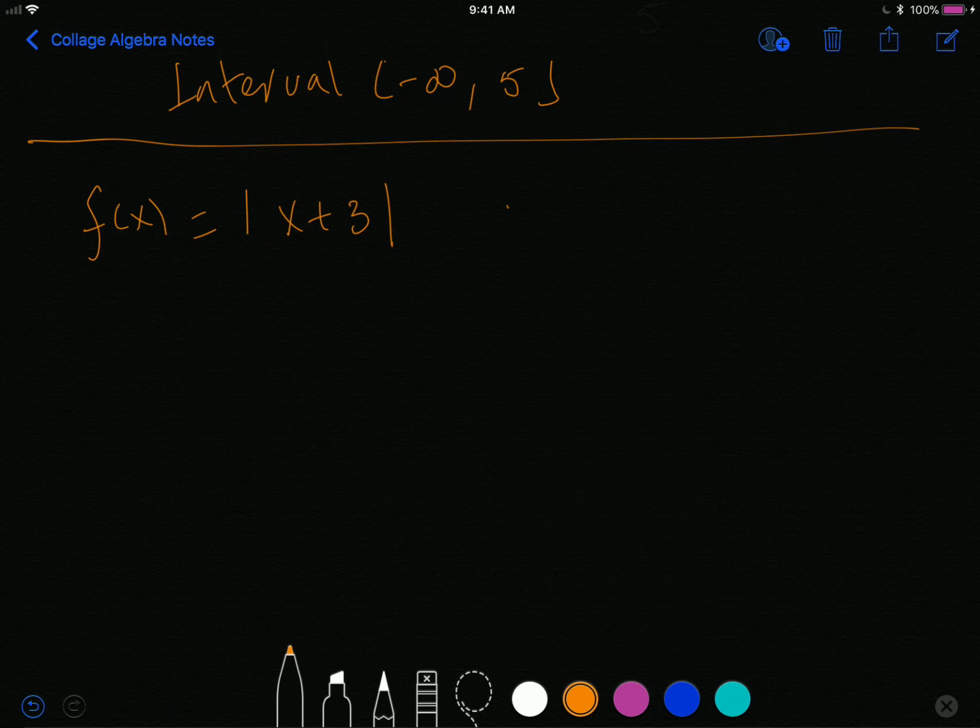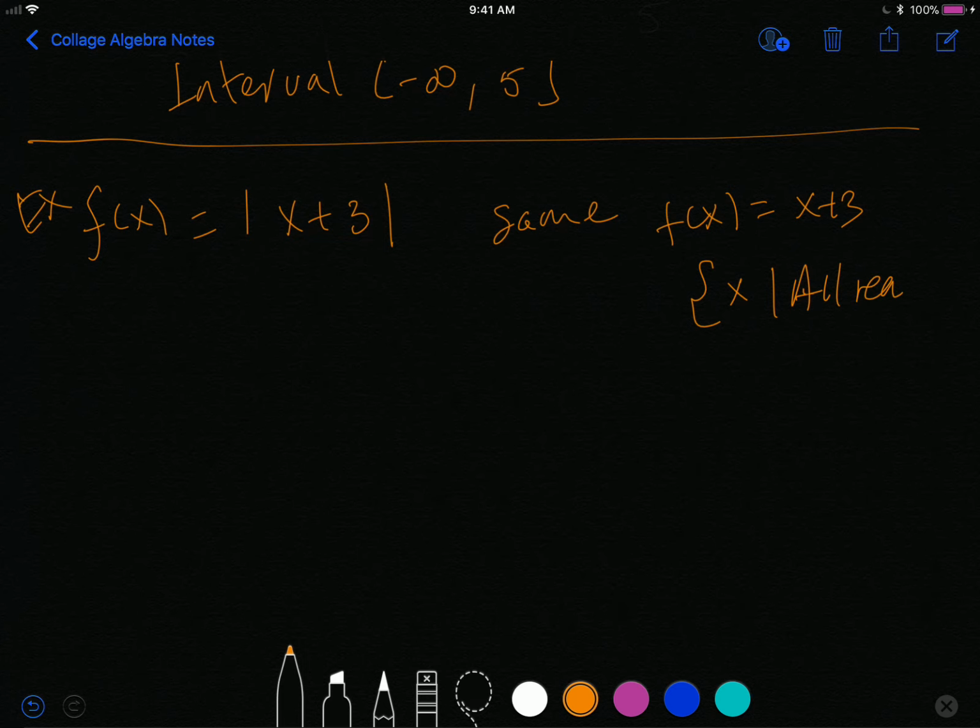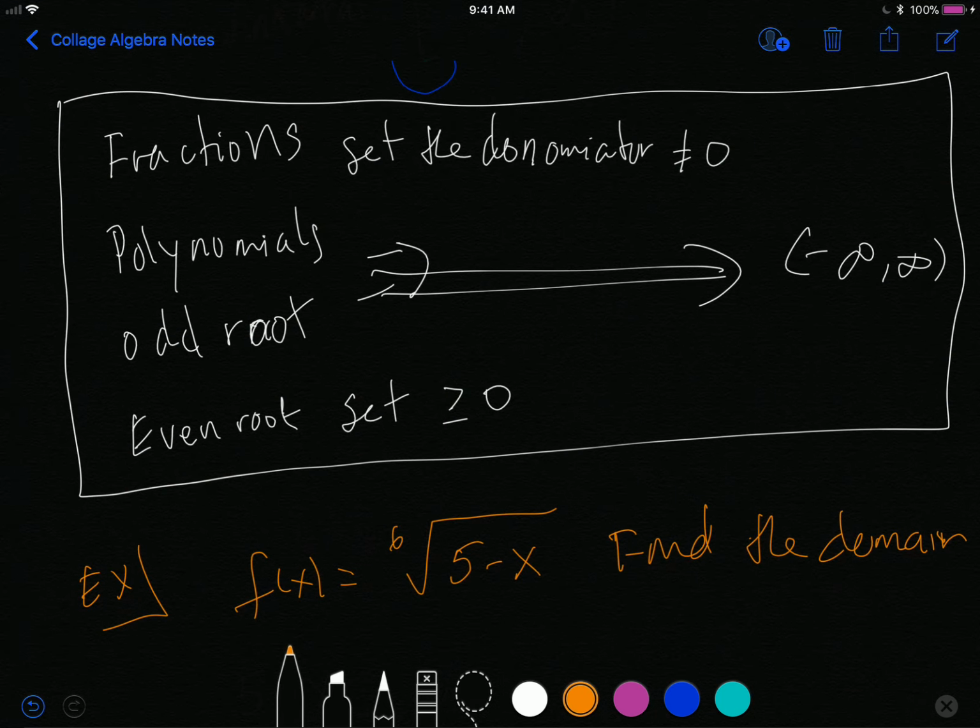This will have the same domain as f of x equaling x plus 3, which is all real numbers, because this right here is a polynomial function.